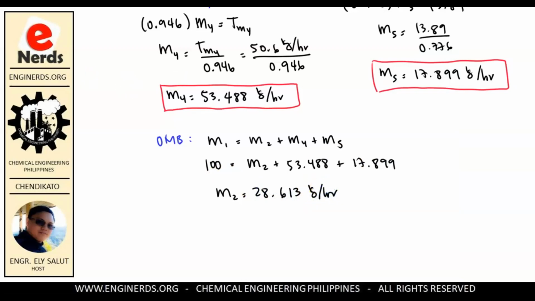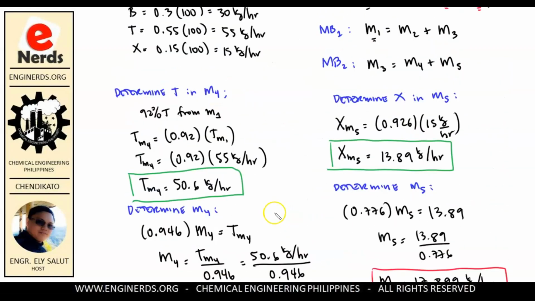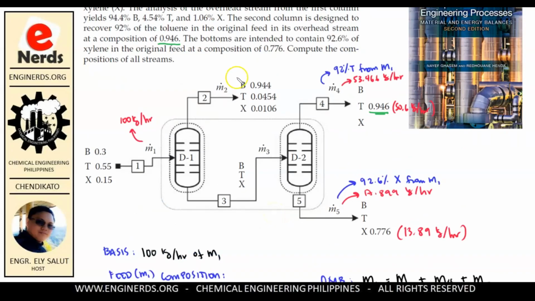Okay, so now we know the value of M2. So we can write that here, our M2 is 28.613 kilogram per hour.